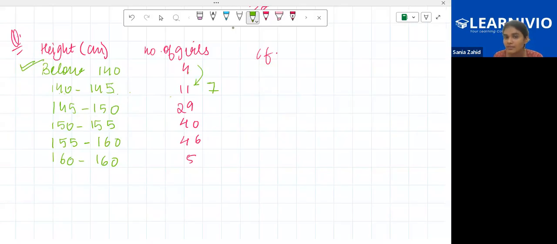Do you understand why? Yes, ma'am. Now between 145 to 150, will it change again? Yes. How much will it be? You subtract again: 29 minus 11, 18. Now you subtracted it again, 40 minus 29, 11. Then again, 46 minus 40, 6.